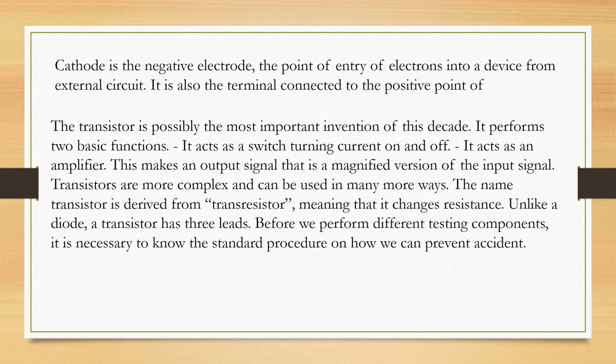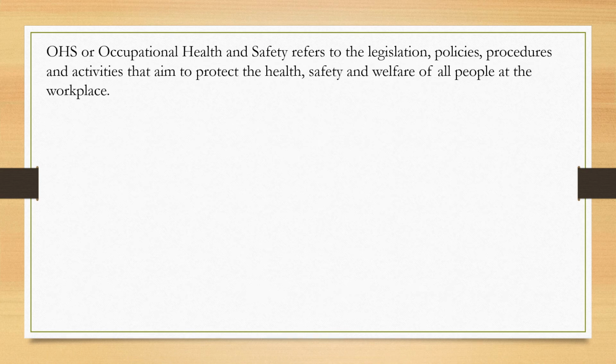Before we perform different testing components, it is necessary to know the standard procedure on how we can prevent accidents. So let us discuss OSH, or Occupational Health and Safety at Work.